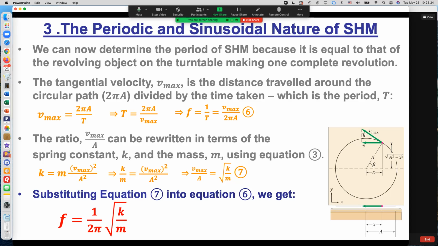Now I'd like you to take out your equation sheets and look under the section for waves.